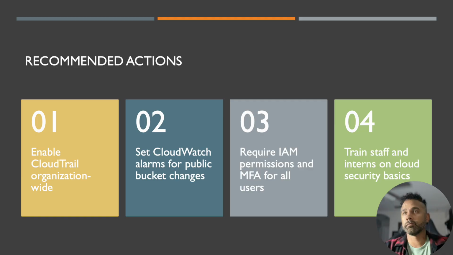So we learned our lessons, and we implemented these four steps on how to prevent this from happening again. We enable CloudTrail on the whole organization. We set CloudWatch to set the alarms, like I said before, for public bucket exposure. We're also going to require IAM permissions and MFA for all users with no exception, so everybody will have a JSON policy attached to their permissions to the cloud.